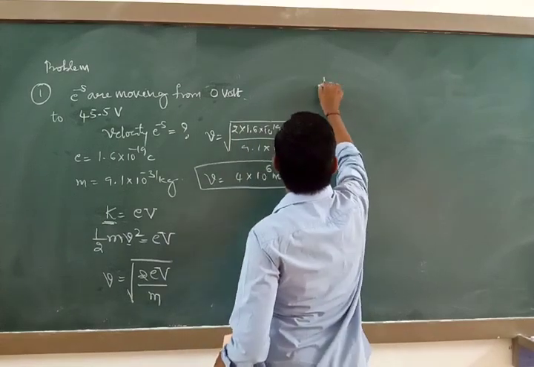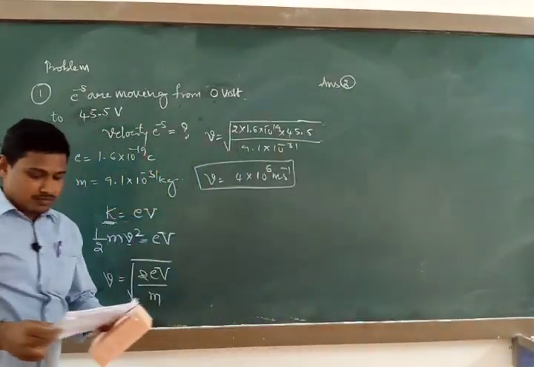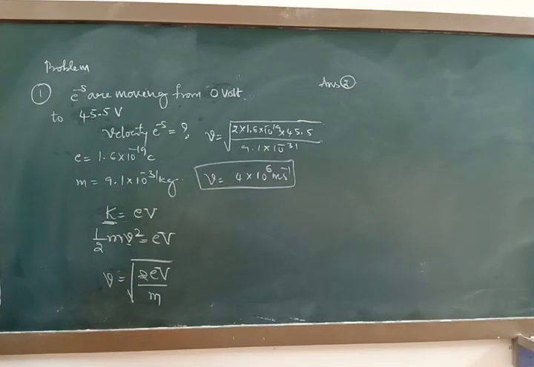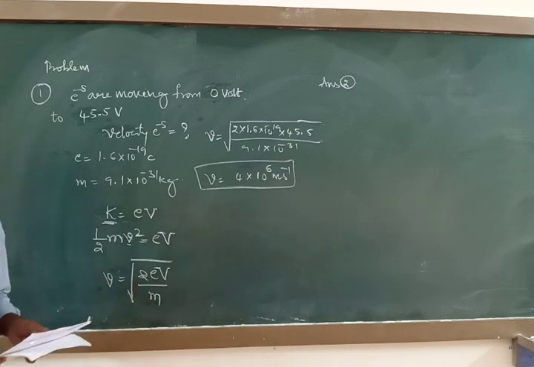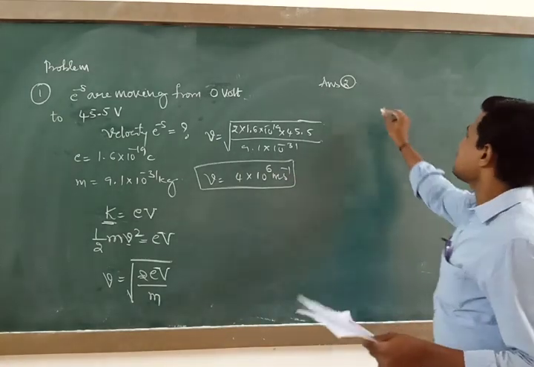Next, second problem. The second problem pertains to this one only, and we are going to use the same equation here. The maximum velocity of the electron emitted is given here.